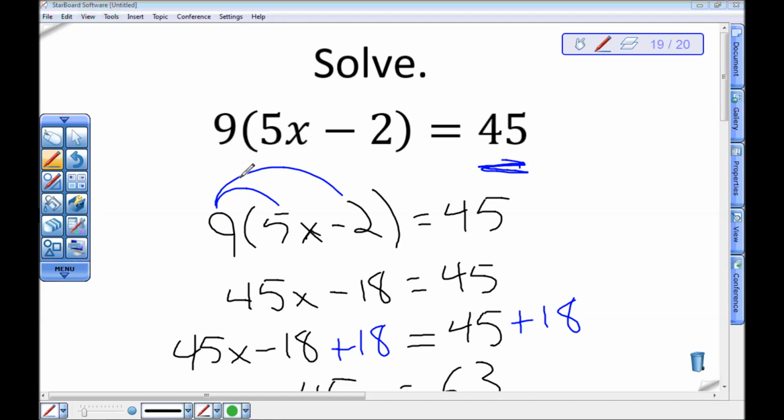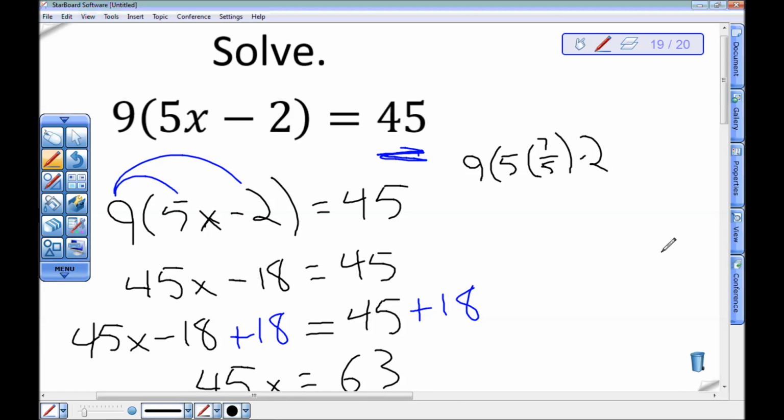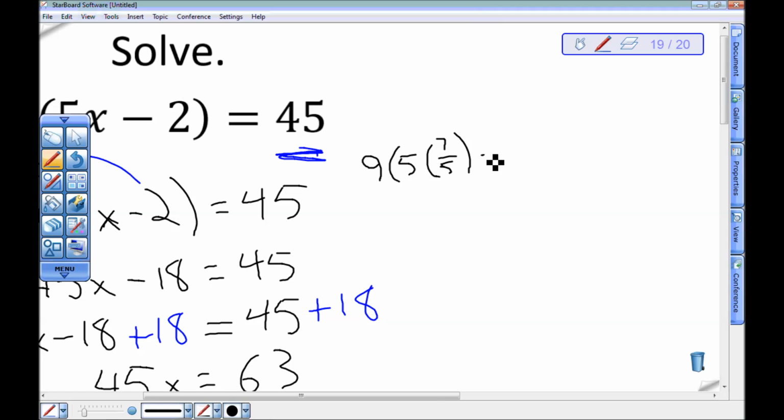So let's see if 7/5 is actually the solution to that equation. So I've got 9 times 5 times 7/5 minus 2. And I want to know, is that equal to 45? Is this a true equation?